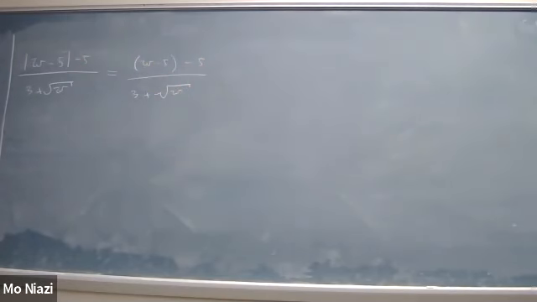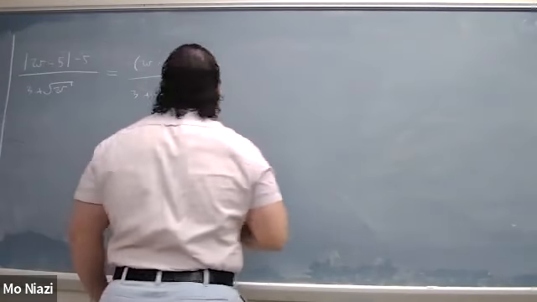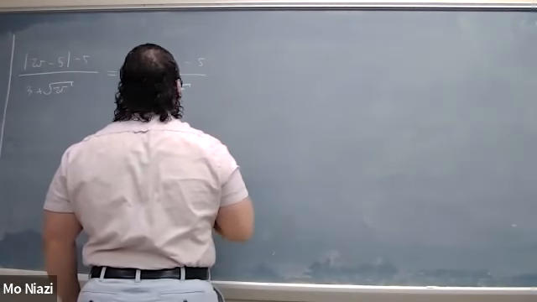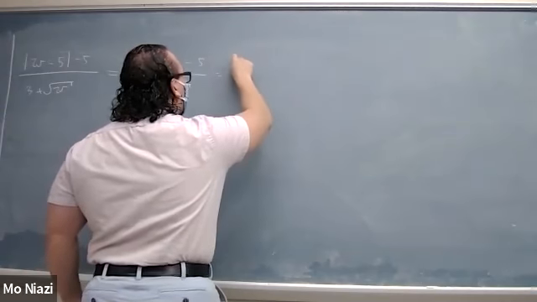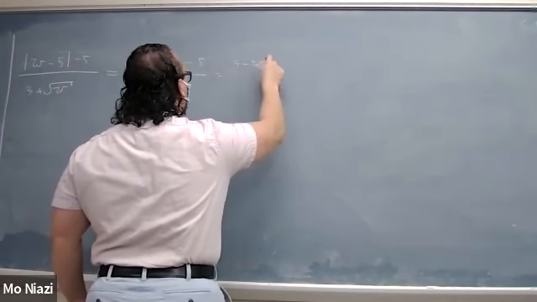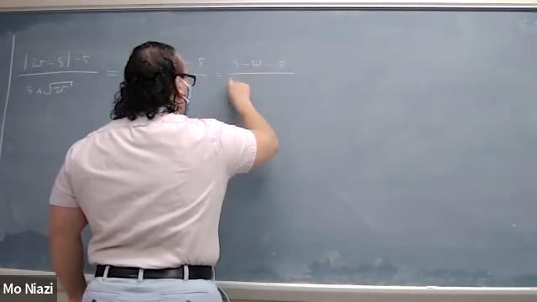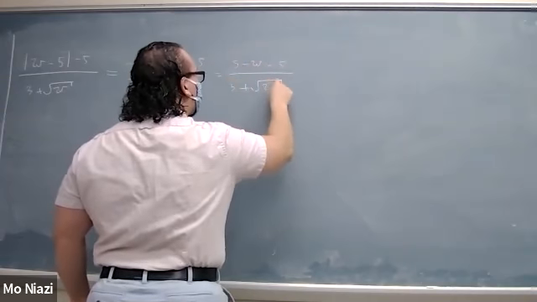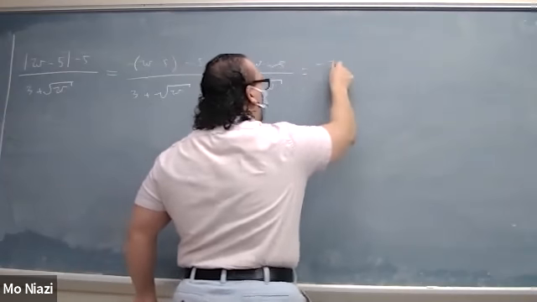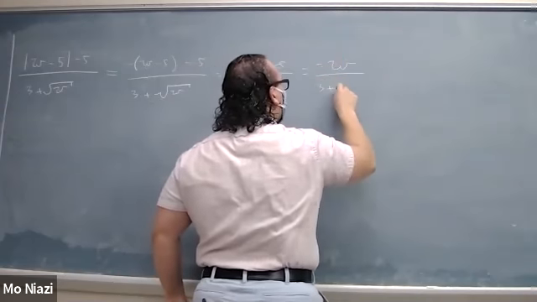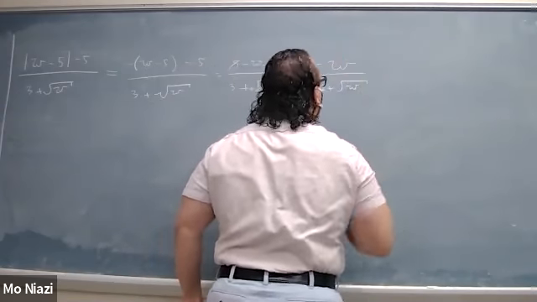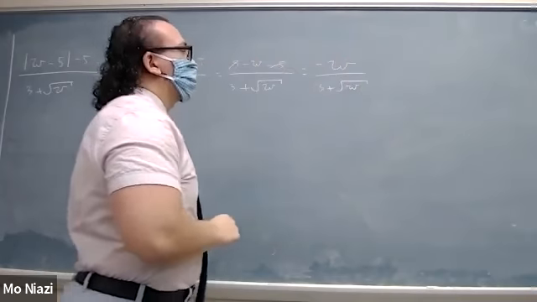Why? Yeah, so that -5 wins. So the absolute value puts a negative there. So we get +5 minus omega minus 5. So what happens here?